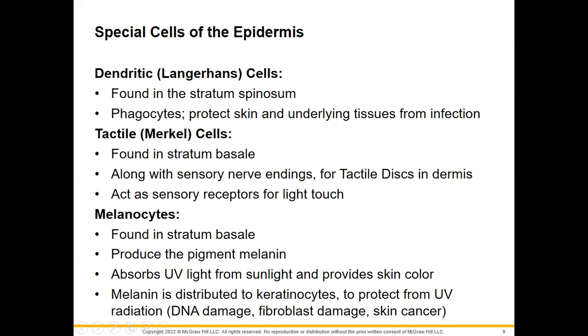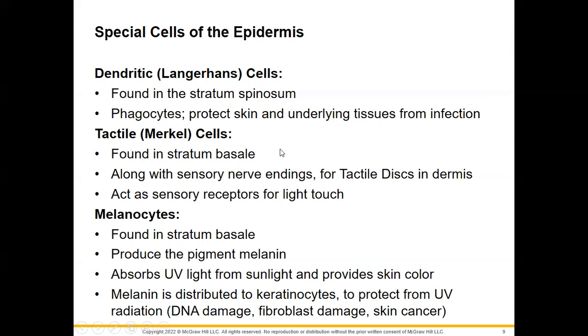So you will have these sensory nerve endings located in the stratum basale and act as sensory receptors for light touch. So the rest of the tactile cell is going to be in the nerve, in the dermis, but the end of that nerve is going to be in the stratum basale. So it's going to move from deep to superficial and be located in the stratum basale.